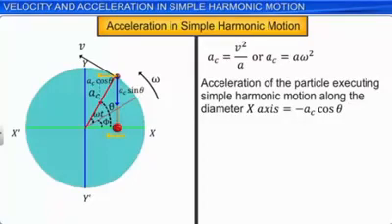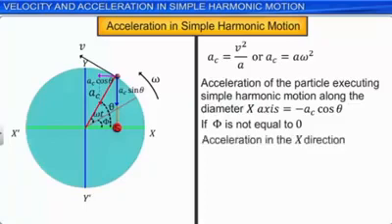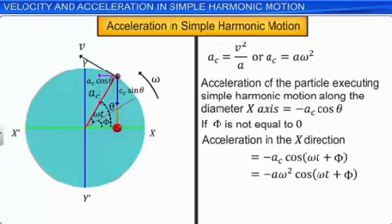If the initial phase phi is not equal to 0, the acceleration of the projection in simple harmonic motion is equal to minus a_c cos omega t plus phi, which in turn can be written as minus A omega square cos omega t plus phi. On rearranging, we get minus omega square into A cos omega t plus phi.